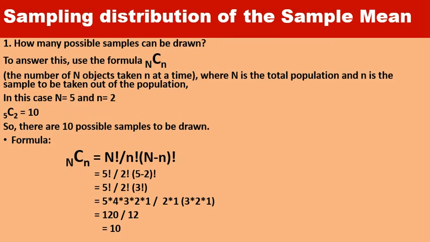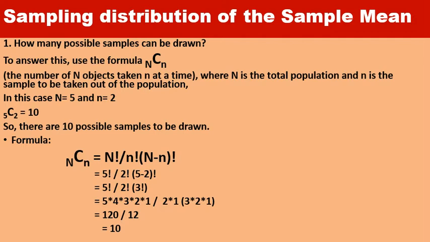First, let us answer how many possible samples can be drawn. To answer this question, we will use this formula, the combination of the population size taken from the sample size, n. In this case, there are 5 numbers in the population and the sample size is 2. We will substitute these numbers into the formula.